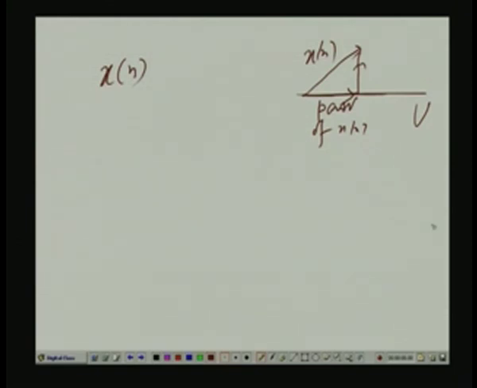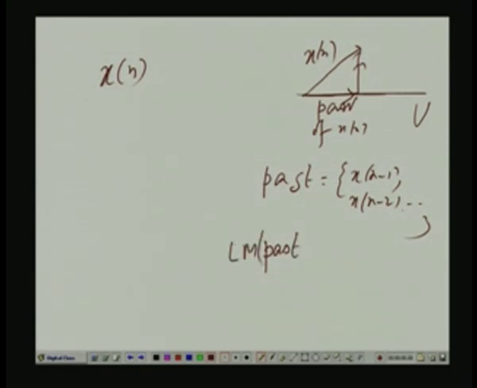If you take this set, call it past, then you take the linear manifold of this set and the closure of that. This is given by u here. And you want to obtain x n as the best possible linear combination of all the elements of this past.